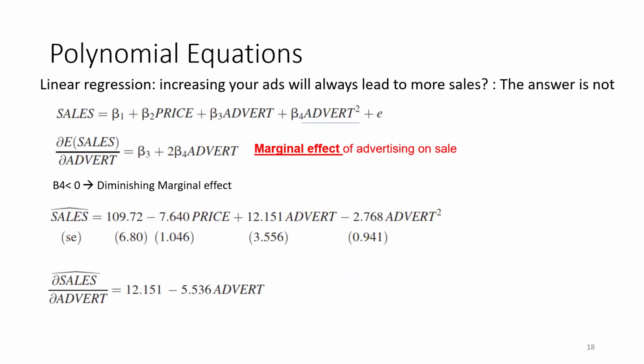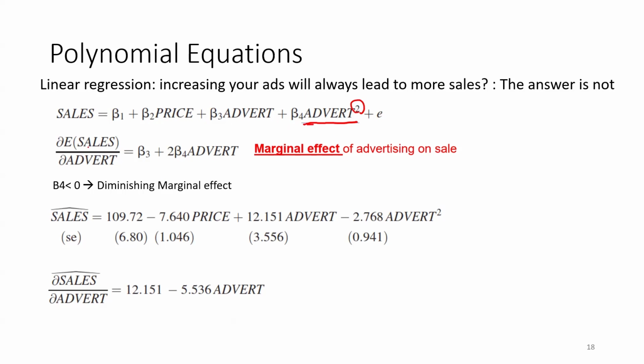So to do that, we use adverse square. We put in one more variable, adverse square. Then to interpret the model, the effect of adverse on sale, you have to take the first-order derivative. Okay, this is calculus.